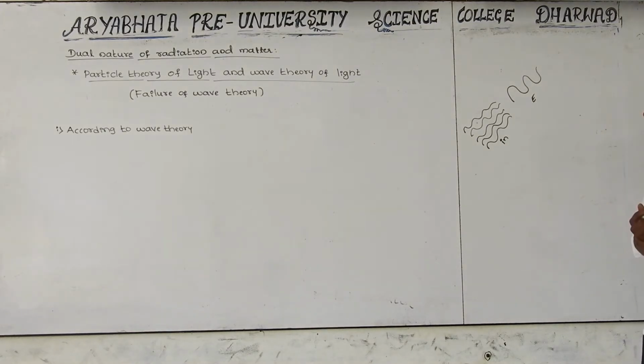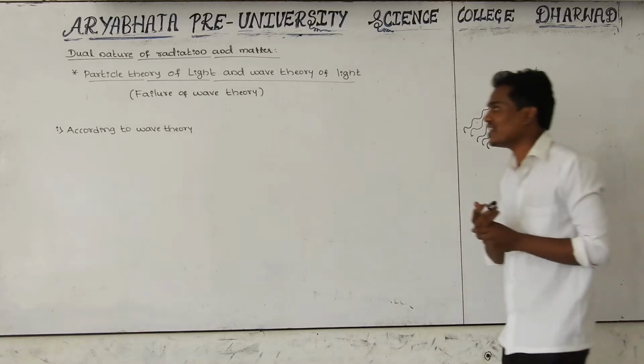Then what is the relation between intensity and energy of the radiation? They are directly proportional to each other. That is according to the wave theory of light.